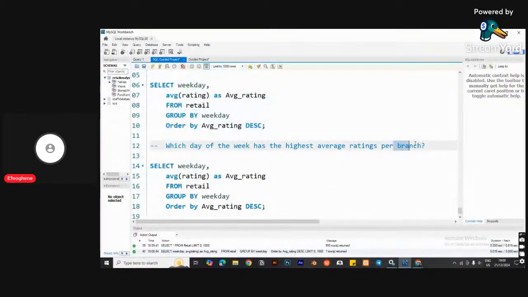Again, we will use our where clause. So put it after here.